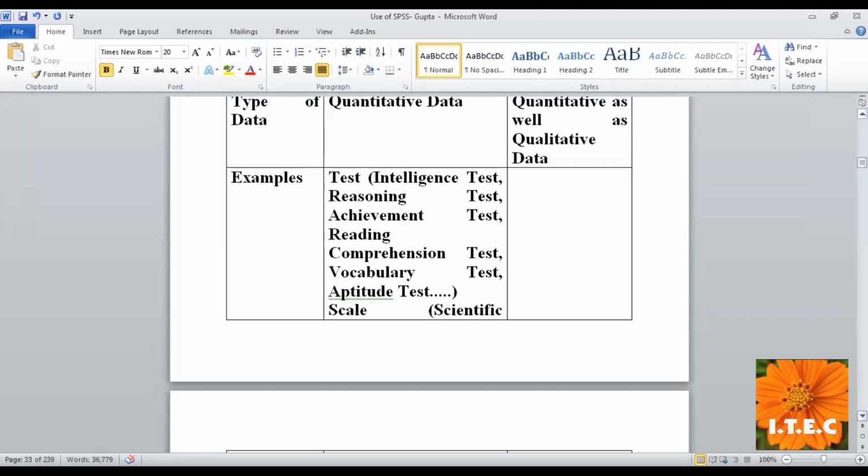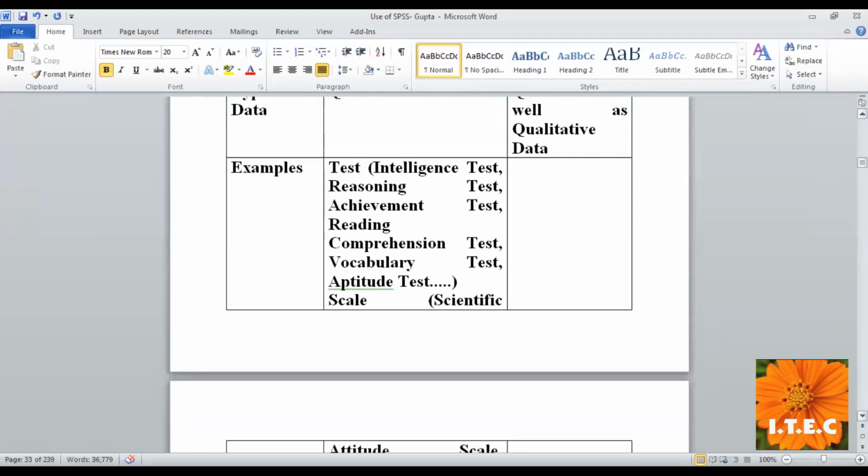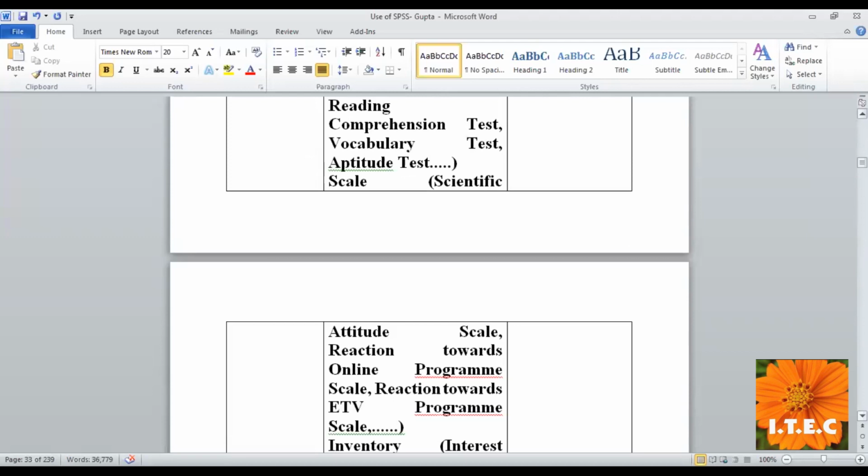See, when you go to the hotel to eat sometime, they give you the menu card. That menu card is nothing but the inventory of soup, inventory of vegetable, inventory of sweets, etc. So that is called inventory.